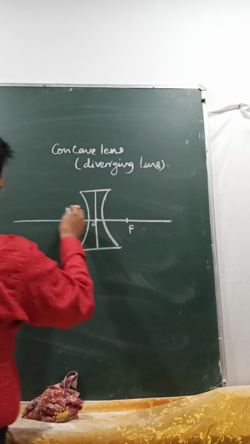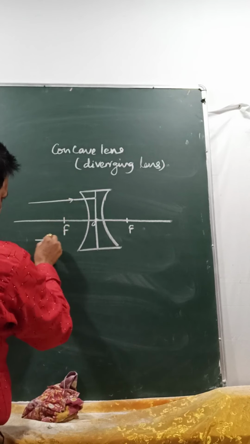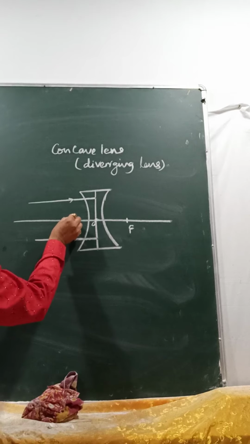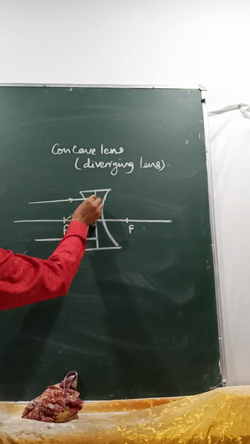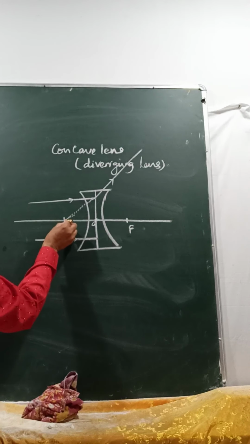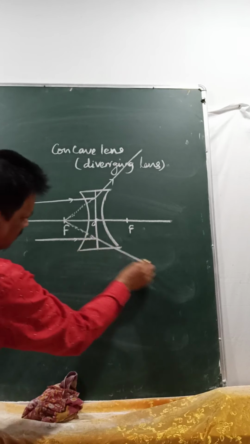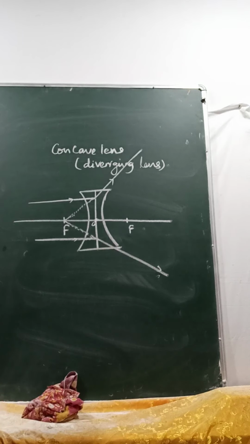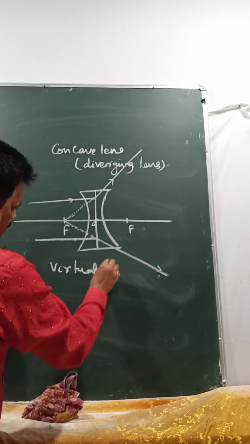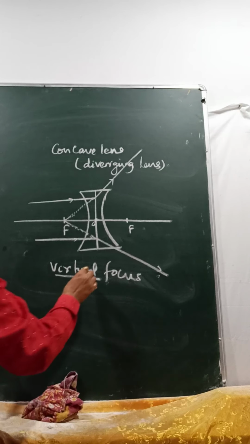The ray that goes parallel to principal axis, at least two rays I will consider, diverges in the direction of focus. So this is virtual focus.